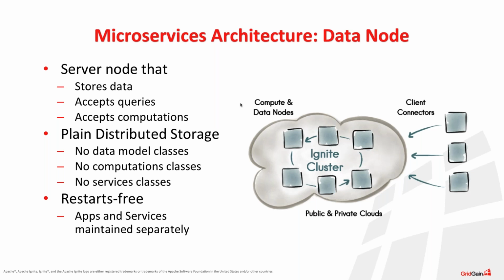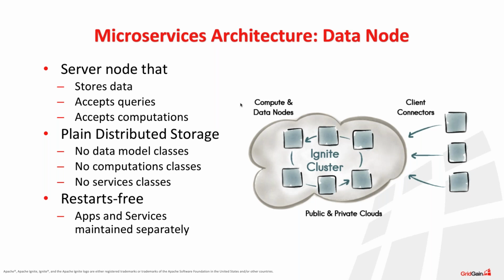It makes sense to emphasize here that you can think of data nodes as just plain distributed storage, meaning that you don't need to have implementations for your data model classes. You don't need to have implementations for your distributed computations.